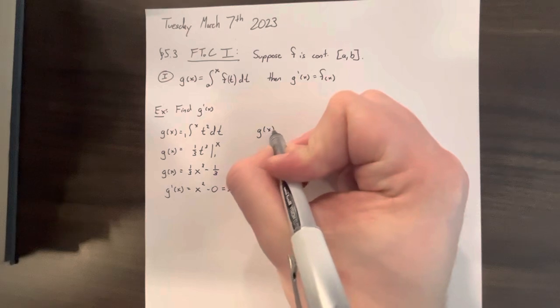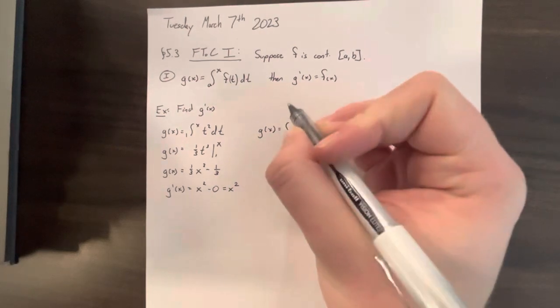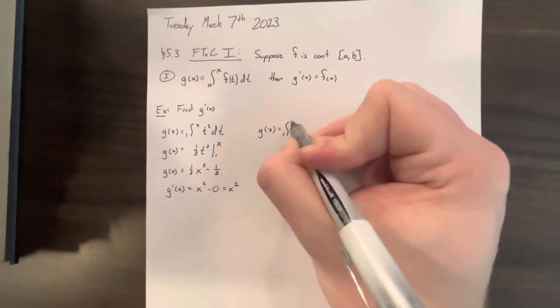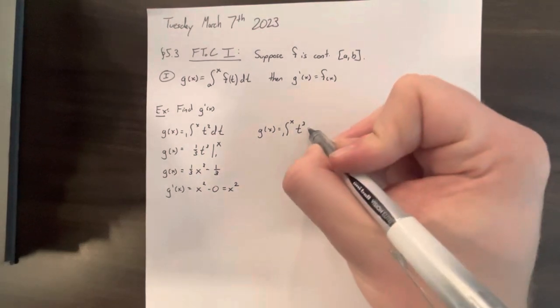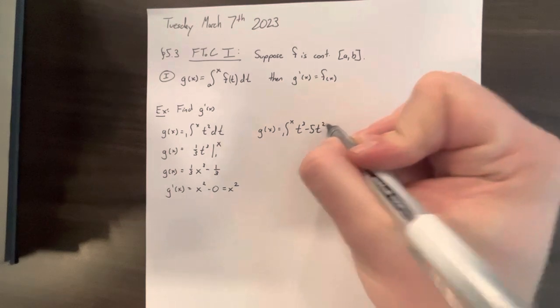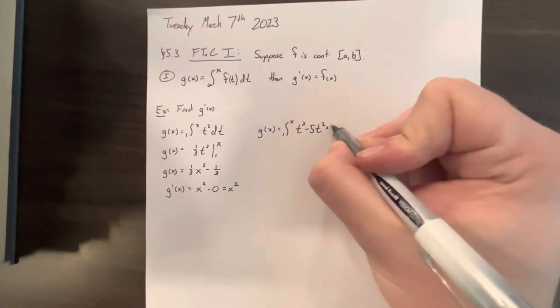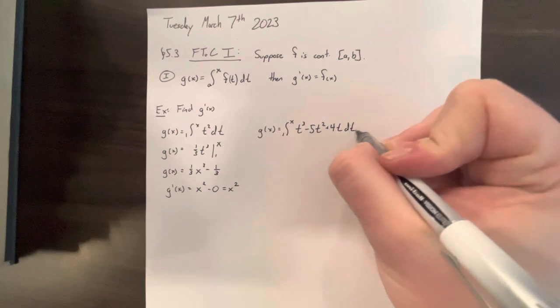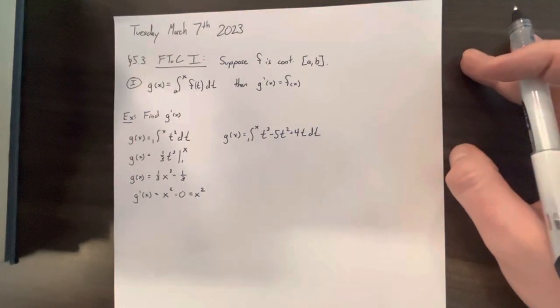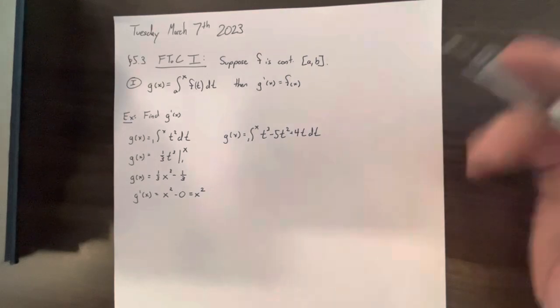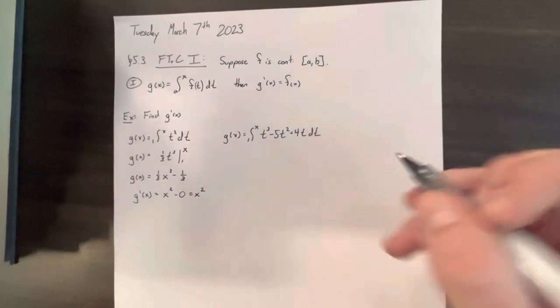Let's play the same question, except now we're going from 1 to x of something maybe a little bit more elaborate. So we're integrating from 1 to x, t to the third minus 5t squared plus 4t dt, so with respect to t.